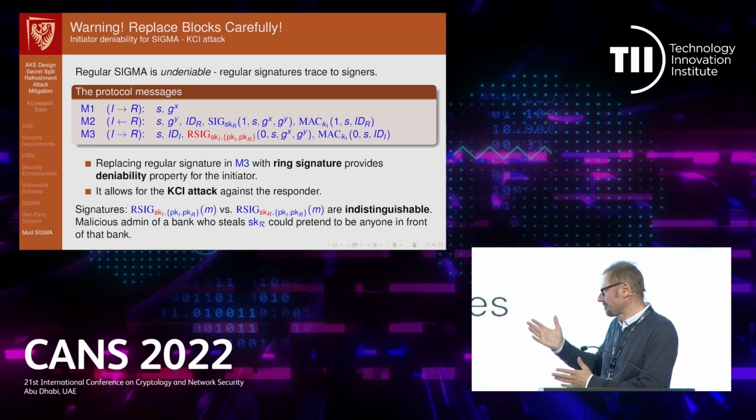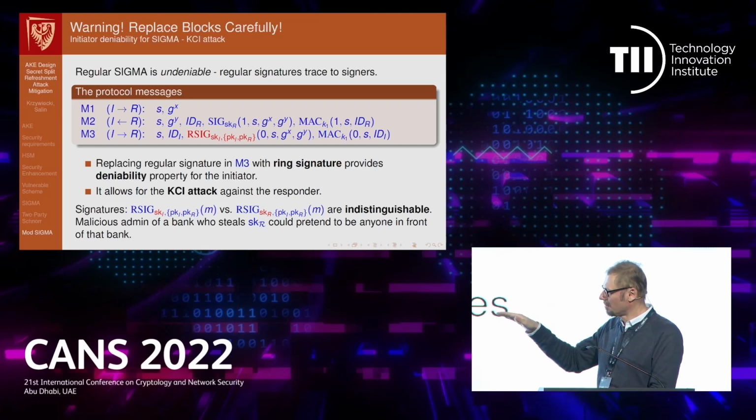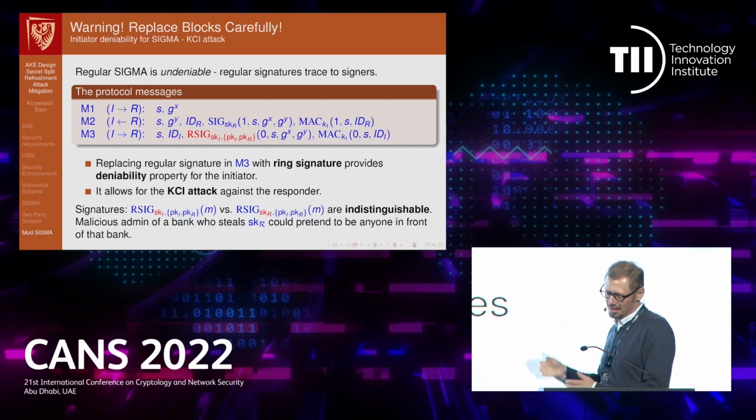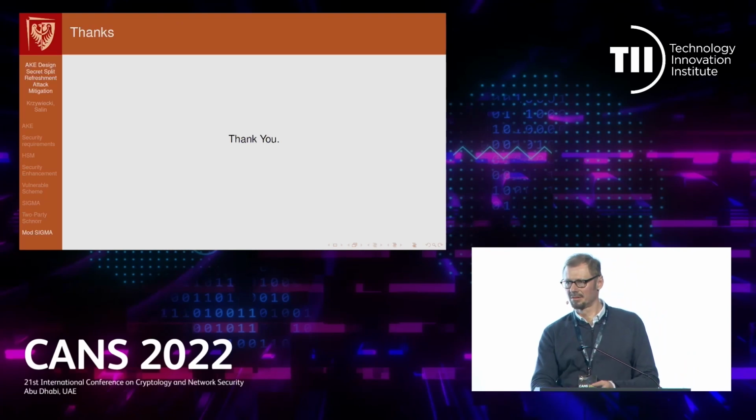Okay, so of course we acquire that deniability property, but we are now vulnerable to the key compromise impersonation attack. So this is a lesson that, I mean, we always need to think about what kind of functionality we want to achieve and what the requirement for security is in the resulting construction. And that concludes my talk. Thank you.